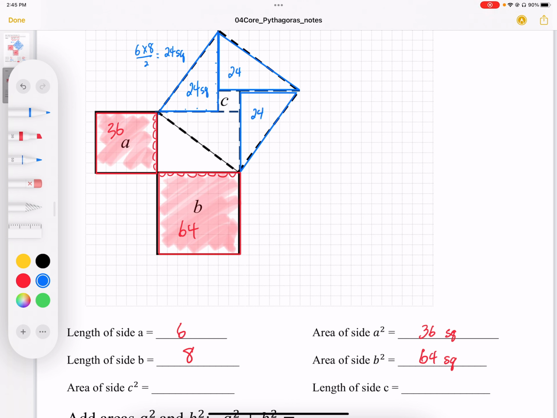Twenty-four squares here. Make sure you're drawing this in your diagram. 24 squares here. So we have 4 times 24 gives us 96 squares.